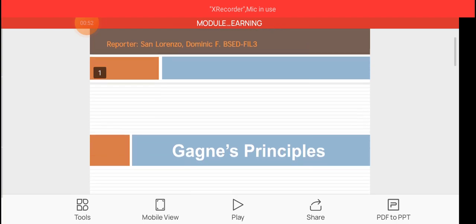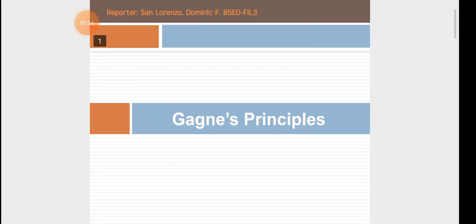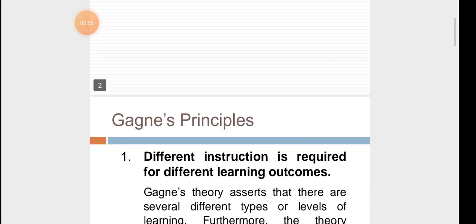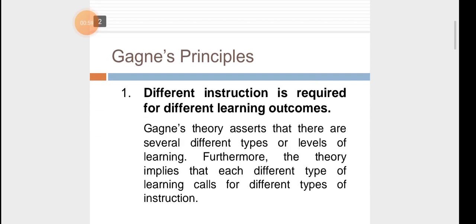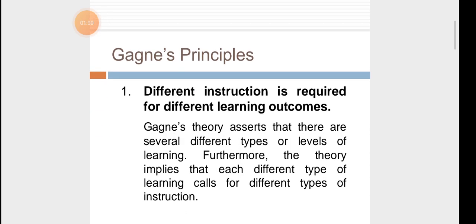Next, we have Gagné's principles. The first principle is that different instruction is required for different learning outcomes. Yes, most of the time, nakadepende sa instruction ng teacher yung magiging outcomes nito. So kung ano yung learning outcomes na kailangan ng student, yun din dapat yung instruction na i-apply ng teacher.